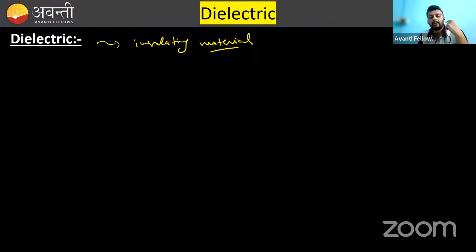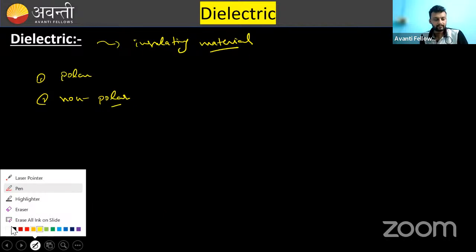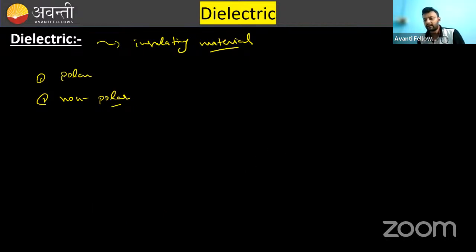Insulating materials may be made of polar or non-polar materials. Do you know the meaning of polar and non-polar? What are polar molecules? What are non-polar molecules? Do you know that?